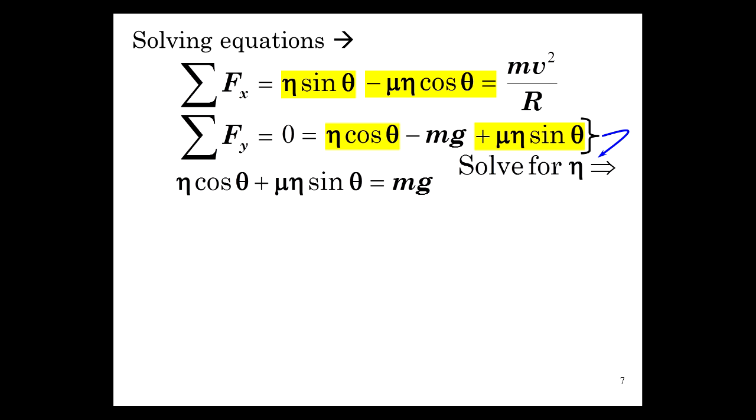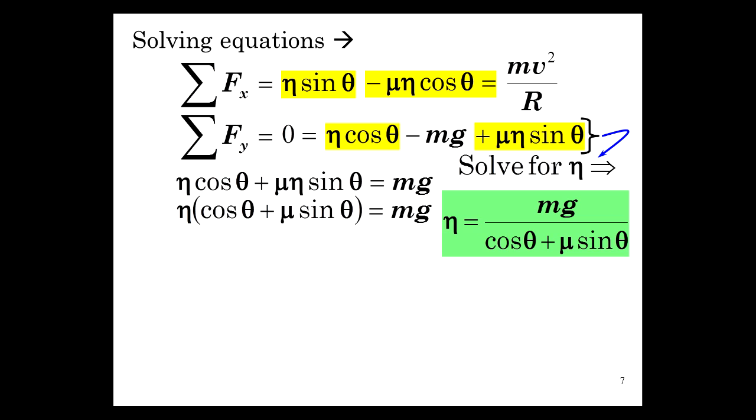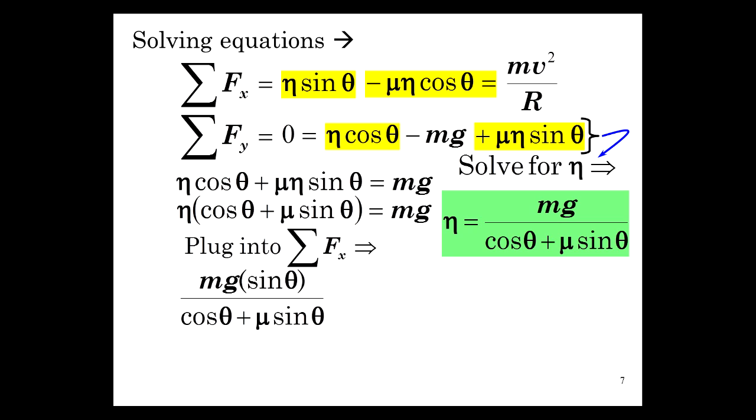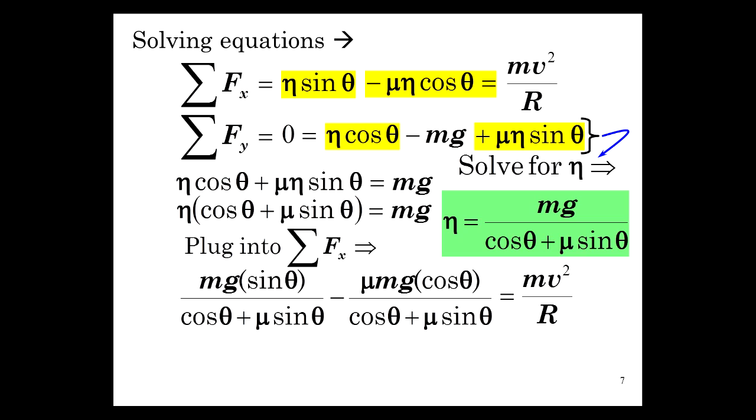So solving for n, n cosine of theta plus mu n sine of theta is mg. Factor out the normal, solve for it. Notice the plus sign. Plug in to the sum of Fx. So we have mg sine of theta over cosine plus mu sine, minus mu mg cosine of theta over the same denominator.